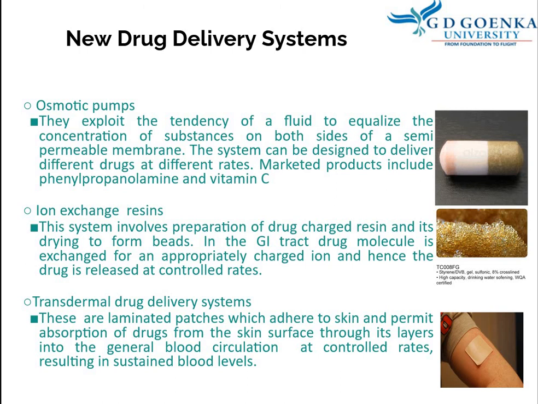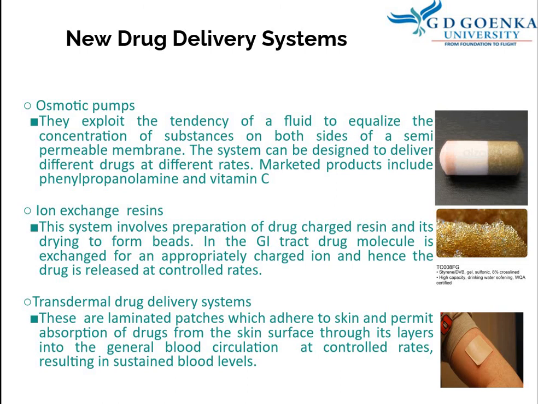The other type of new drug delivery system is transdermal drug delivery systems. These are laminated patches which adhere to the skin and permit absorption of drugs from the skin through its layers into the blood circulation. Now, this is in contrast to other semi-solid dosage forms like ointments, pastes, creams, and gels, for which it is ensured that the drug substance from the drug product should not enter into the bloodstream or the systemic circulation.